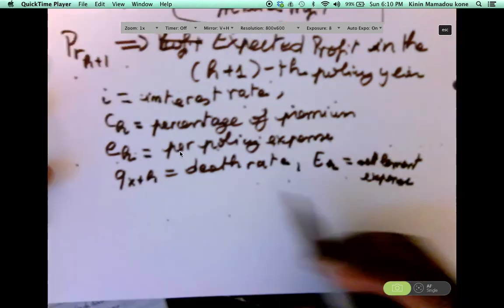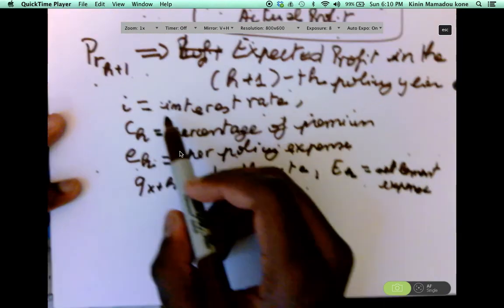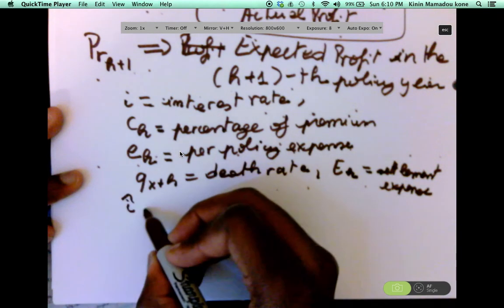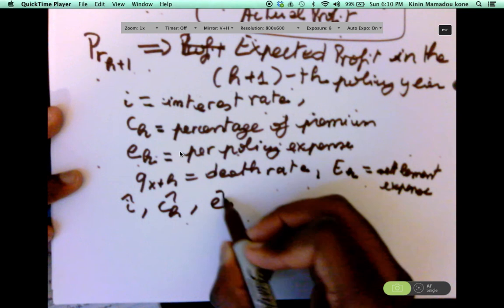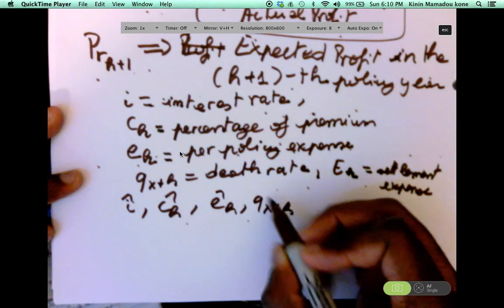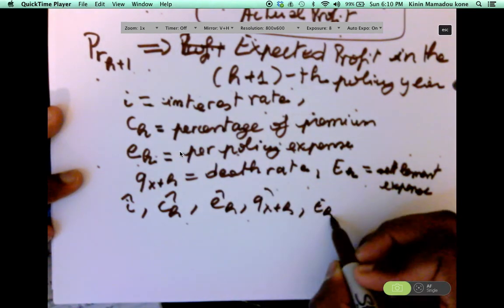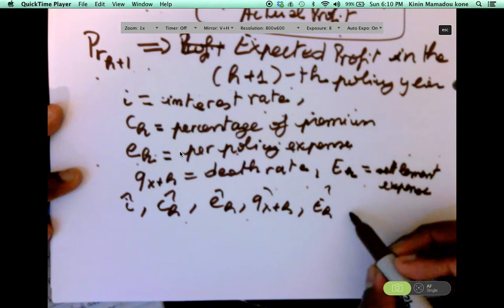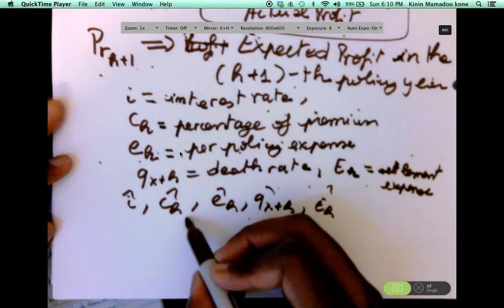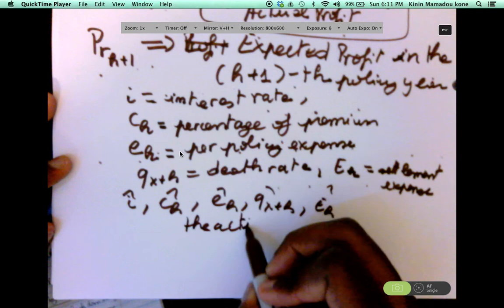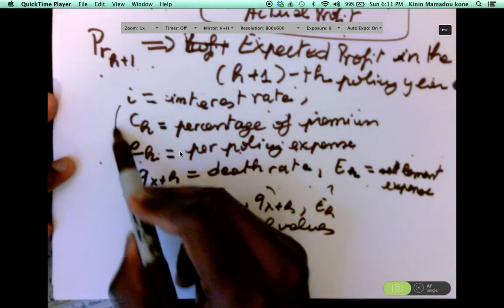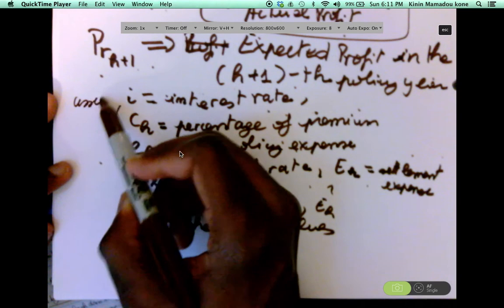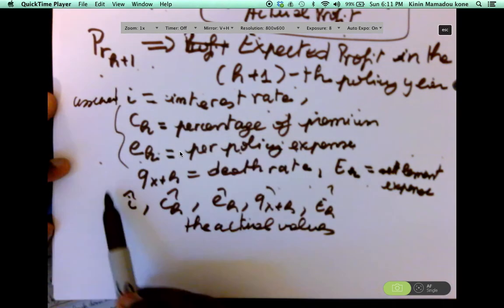If there is a hat on them, like i hat, c hat, e hat, q hat, those are the actual values. Without the hat, they are assumed values. The hatted ones are what happened in reality.